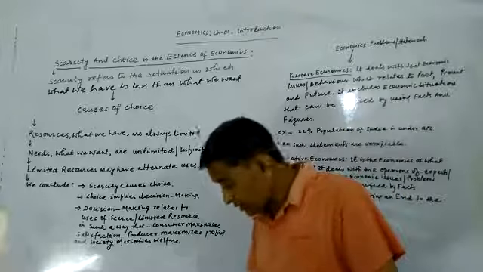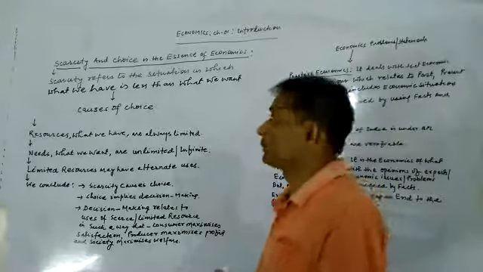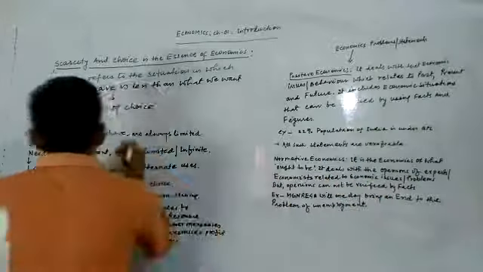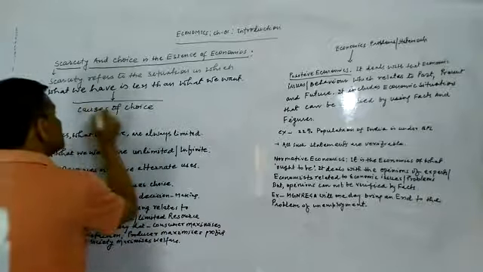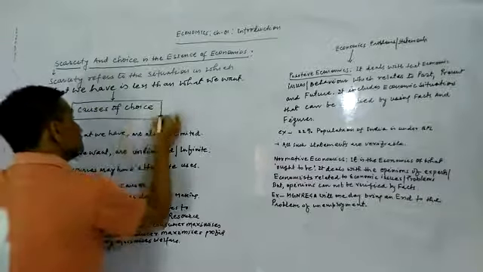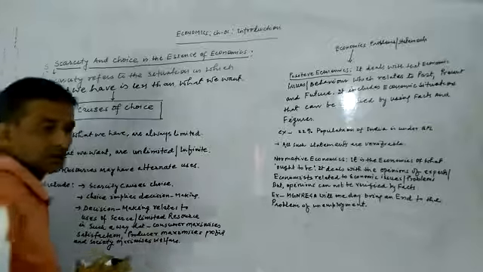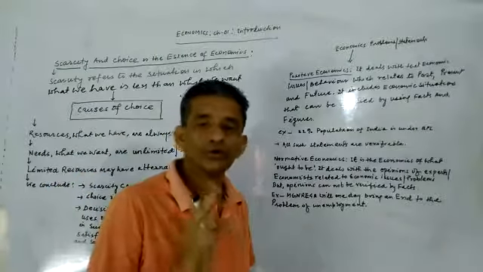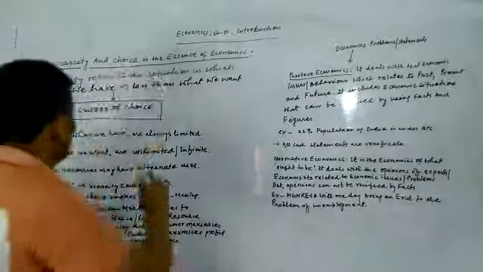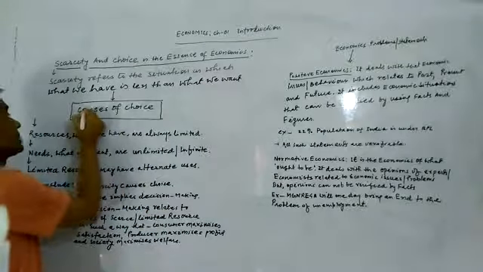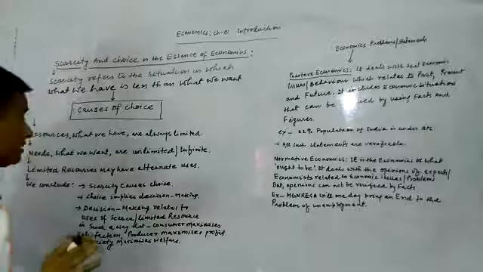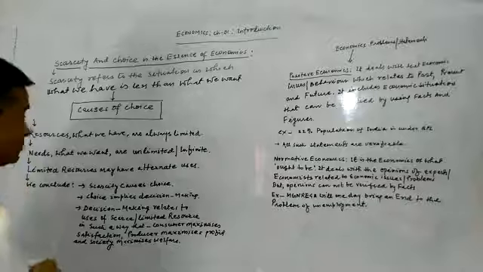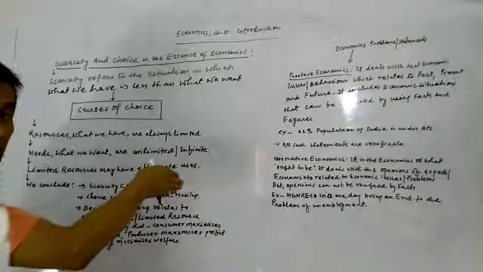When we are in scarcity, what happens? Look, it is the scarcity that causes the problem of choice. Whenever we are in scarcity, we have to face the problem of choice. Then what are the causes of choice? These are the fundamentals that you need to study in chapter 1 also, and we are actually dealing with chapter 1.